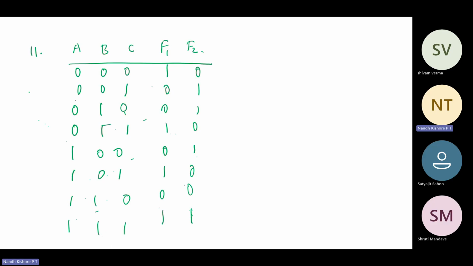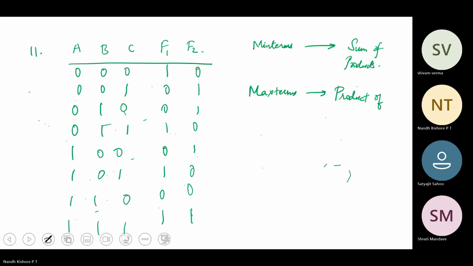Okay. But the question is, we have to write it in terms of max terms. Okay. So you know of max terms and min terms, where min terms actually corresponds to sum of products, right? Wherein you group logic 1 together. Okay. Whereas in max terms, it's the opposite. So you'll be grouping product of sums. Okay.